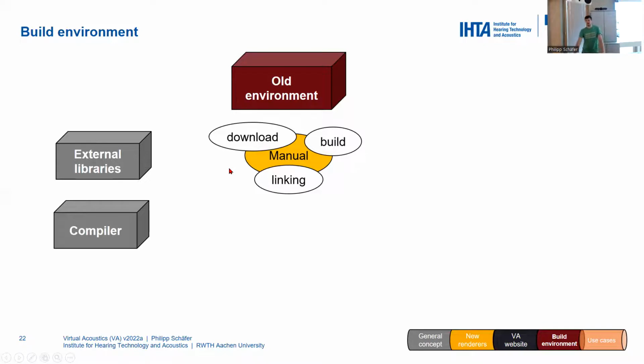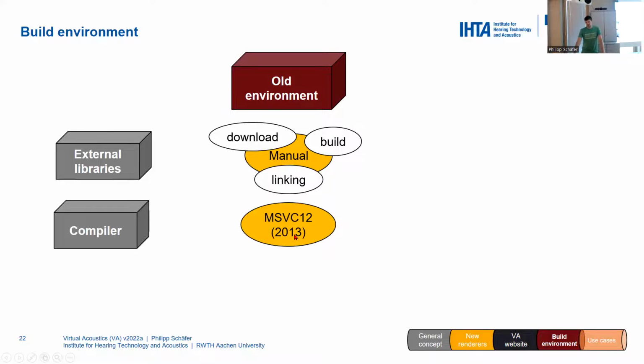And that was quite strenuous, and actually what we finally did was there was a pre-compiled list of all libraries on the server, and we would just link to them, which in the end bound us to a very old compiler from 2013, which is really limiting, especially if you look in the future.